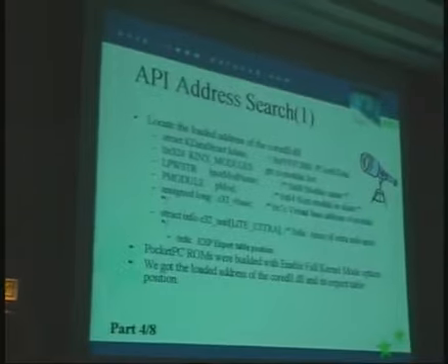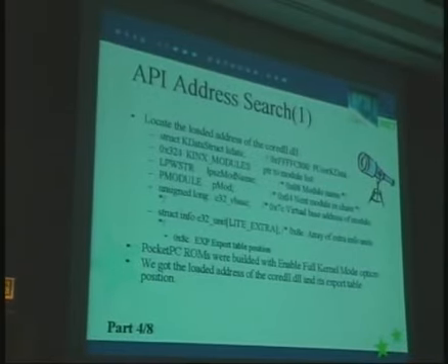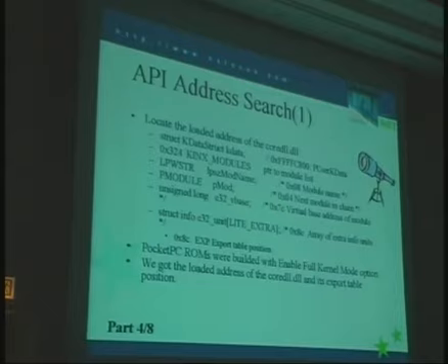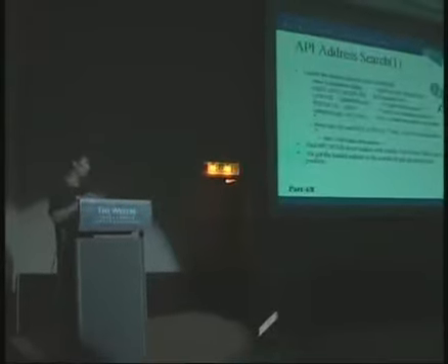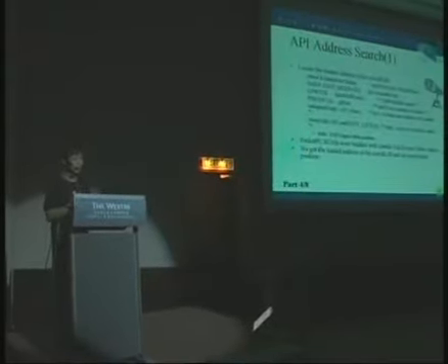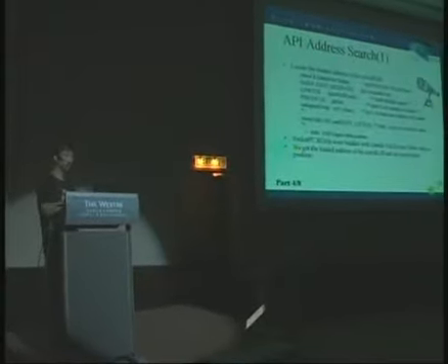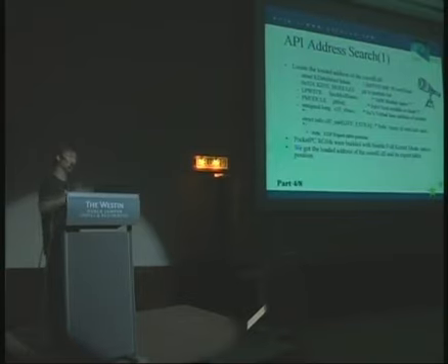API address search technology. This is very funny. Before an exploit, we must have a shellcode to run on Windows CE. Windows CE implements Win32 compatibility. The core DLL provides entry points supported by Windows CE, so every process loads the core DLL.